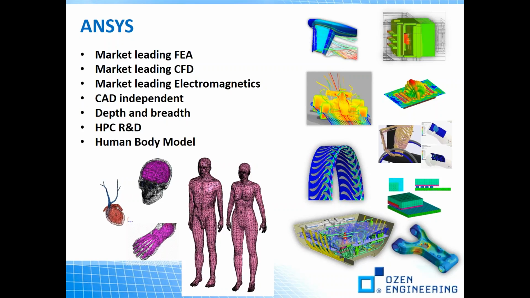Also, ANSYS offers a couple of human body models, like detailed adult male and female models with over 300 parts in the material property with the frequency range of 10 Hz to 10 GHz, which are really useful for biomedical applications.